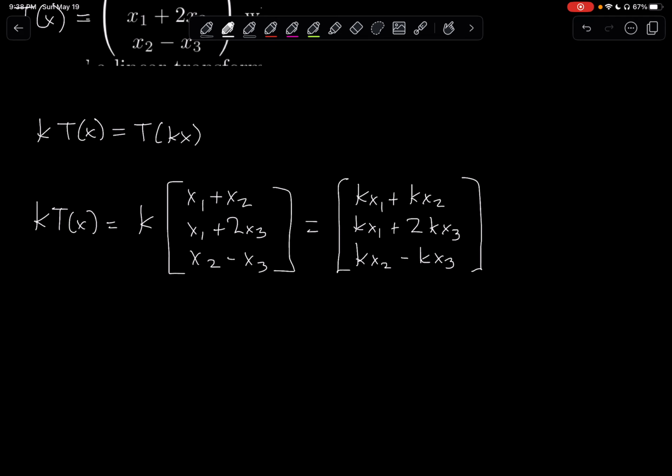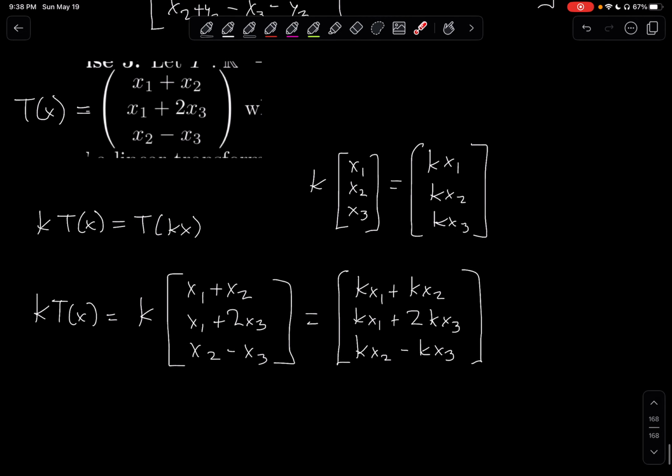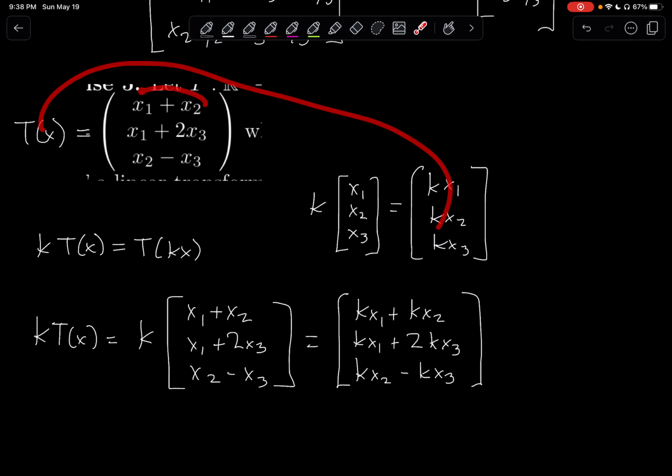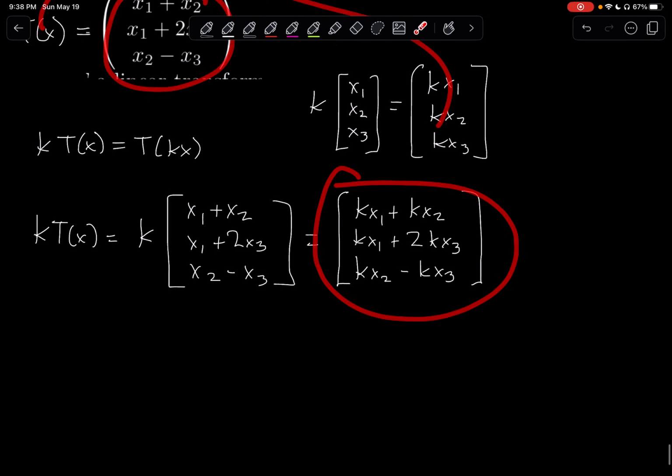If I know that x is just x1, x2, x3, then I know that kx is going to be equal to kx1, kx2, and then kx3. That's the vector that I will be throwing into my transformation and hopefully getting this out of it, right?